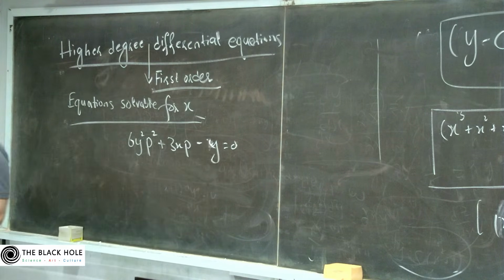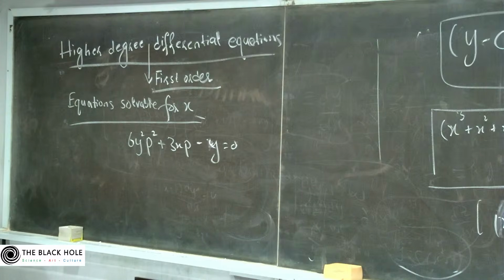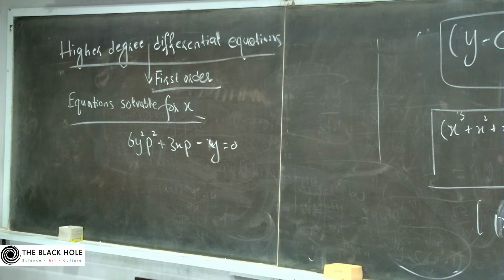Now how will you know whether it is solvable for x, solvable for y, or solvable for p? That by looking at this equation. So if you see, only x appears once, okay?